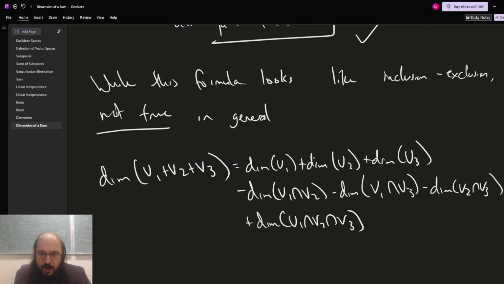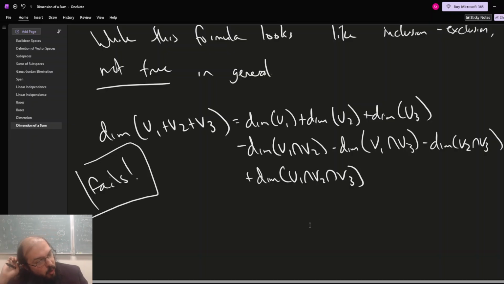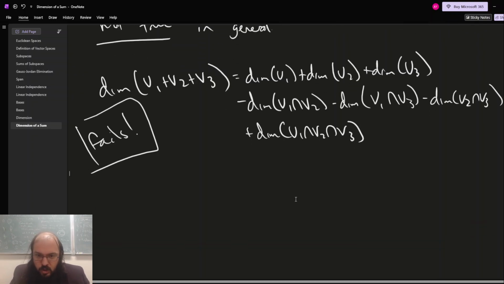This is what you might expect from the inclusion-exclusion. But it turns out this isn't true in general. There's situations where it's true. And maybe I'll give you guys a homework problem, either officially or unofficially, to find a situation where it's true. But let's just start by dispelling the idea that this has to be true in general.